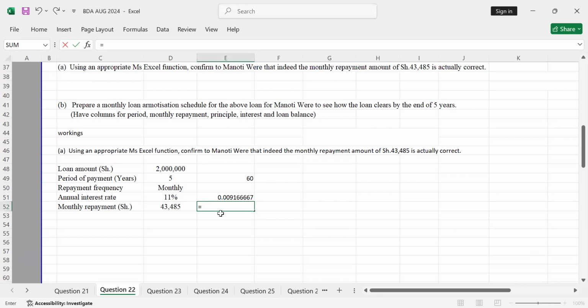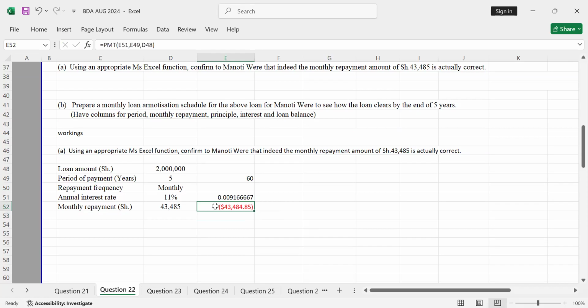When you look here, it calculates the payment for a loan based on constant payments. So I will click on that. Then the rate is here. That is my rate, comma. The period is what we call the NPER. And then the present value is the amount borrowed, this one. You close the bracket, then you can press enter.